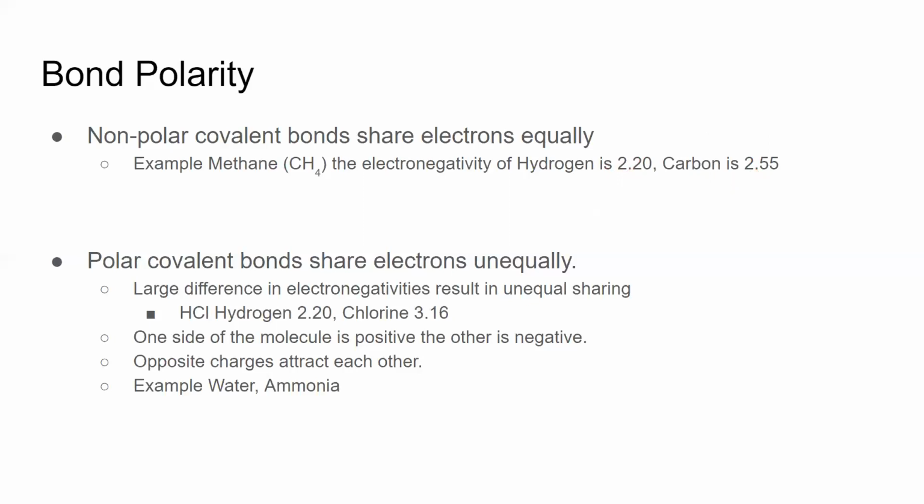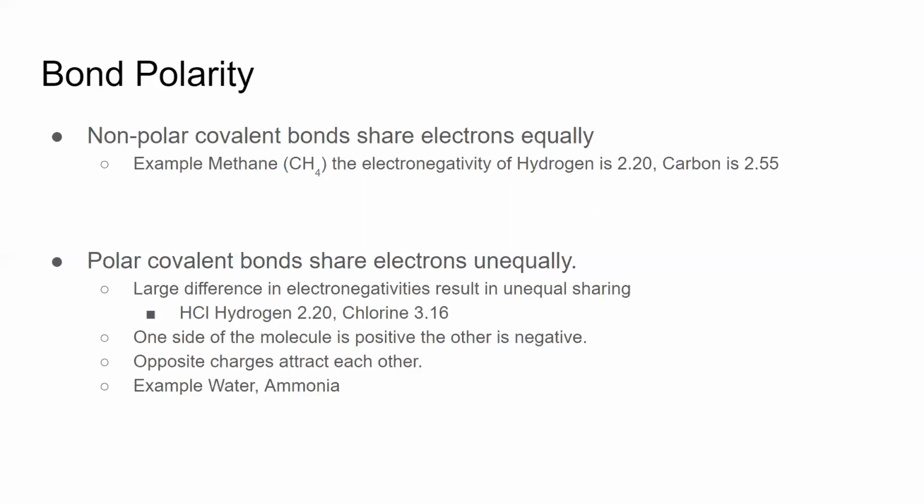Anything less than a difference of 0.4 is considered nonpolar. They're shared pretty equally, so the electrons are spending an equal amount of time circling both atoms. When we get anything over 0.4 to about 1.7, we're talking polar covalent bonding.